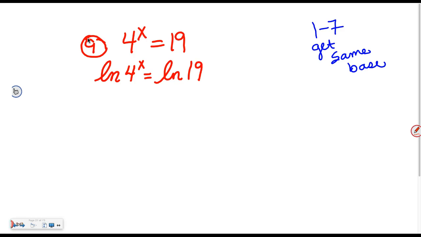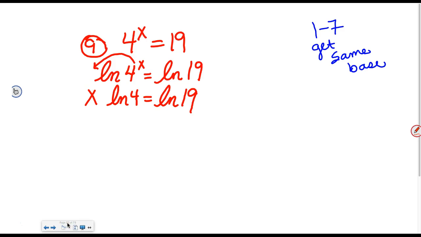What that allows you to do is get that x out of the exponent by using the property that says it comes out front. So we have x times the natural log of 4, which is some number. You could go to your calculator and see what number it is if you'd like to, but you don't need to, is equal to the natural log of 19.